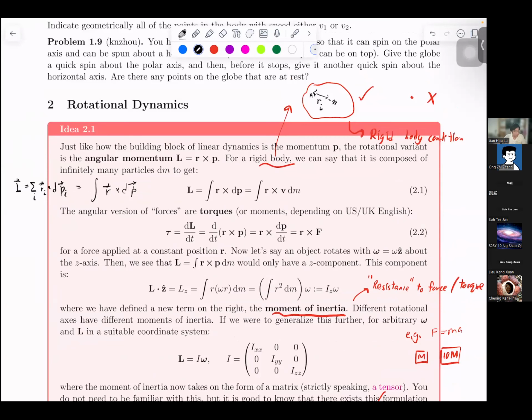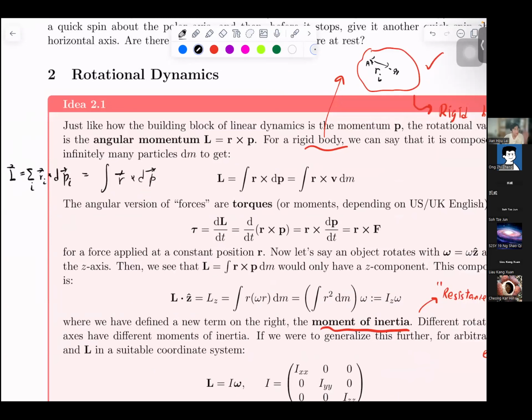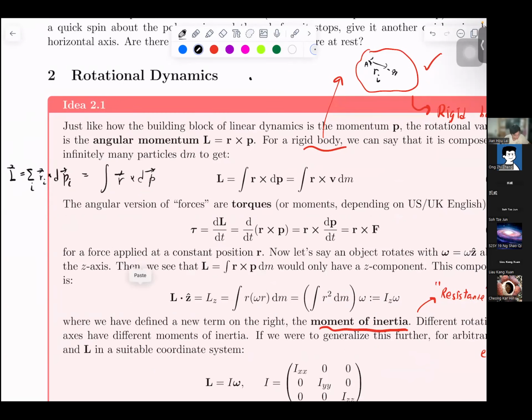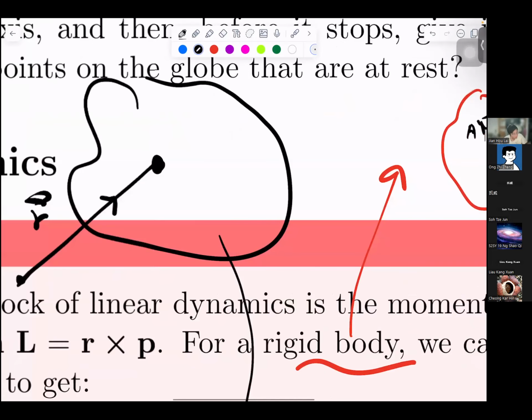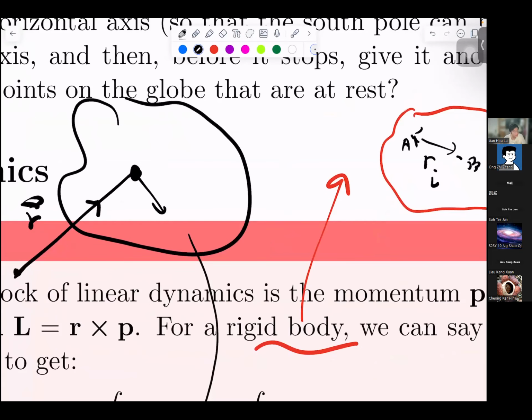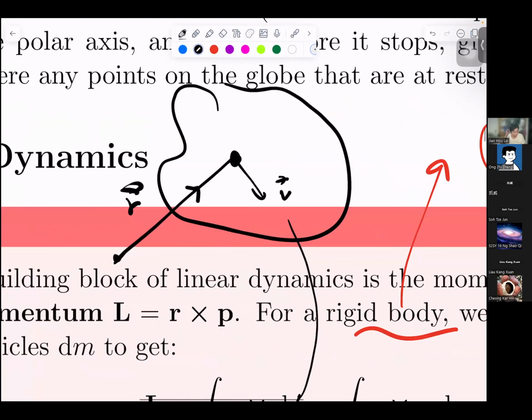For the angular momentum, when we talk about one mass, or one point of the object, say we draw a rigid body and take the vector R from this axis. This mass, as the rigid body rotates, moves in this direction, so it has a tangential linear velocity in that direction at that instantaneous moment.